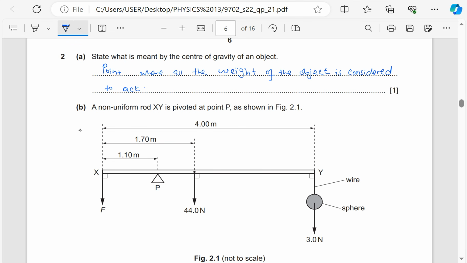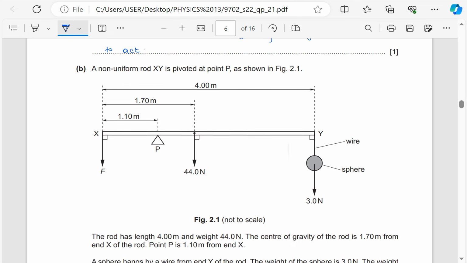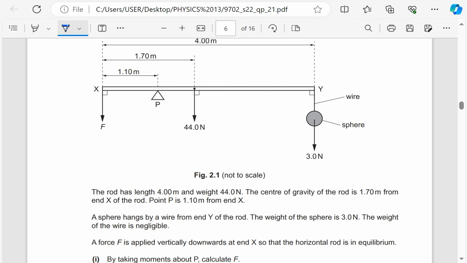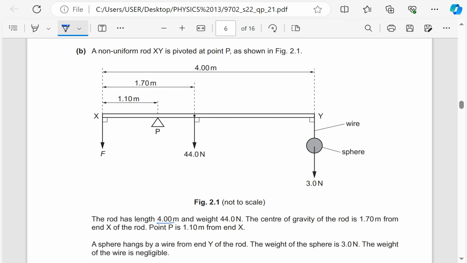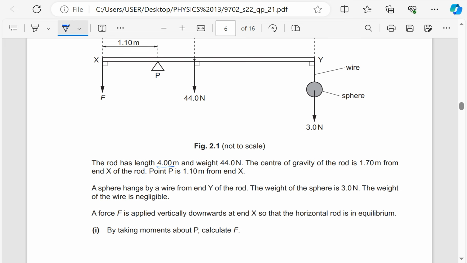A non-uniform rod XY is pivoted at point P, as shown in the figure. The rod has length 4 meters. The center of gravity of the rod is 1.7 meters from end X of the rod. Point P is 1.1 meters from end X. A sphere hangs by a wire from end Y of the rod.